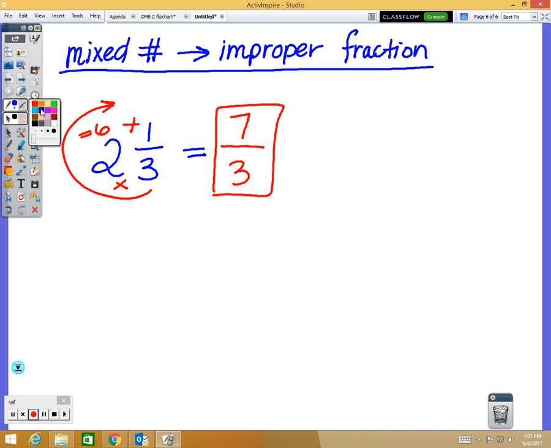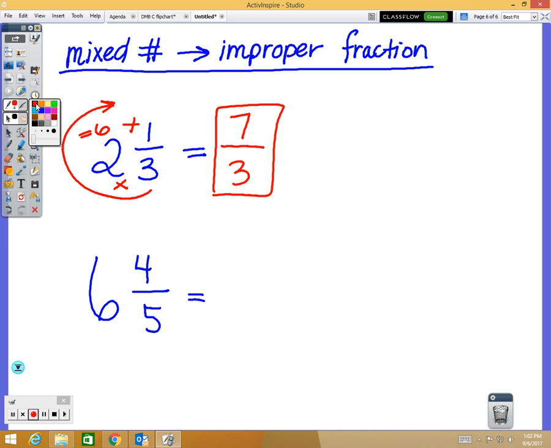How about you try then, using that same process, 6 and 4 over 5. Please write that as an improper fraction. 6 and 4 over 5. Who wants to tell me what I do first?